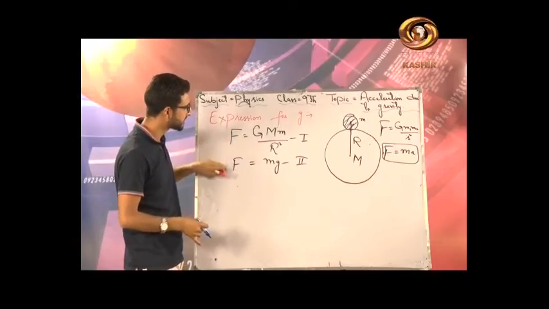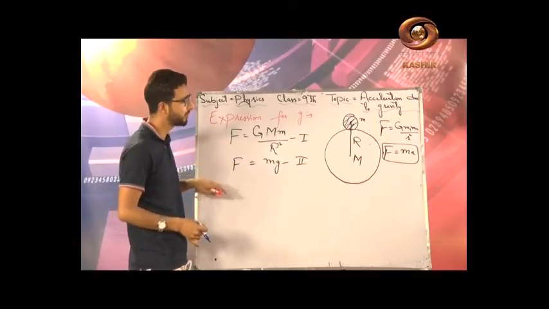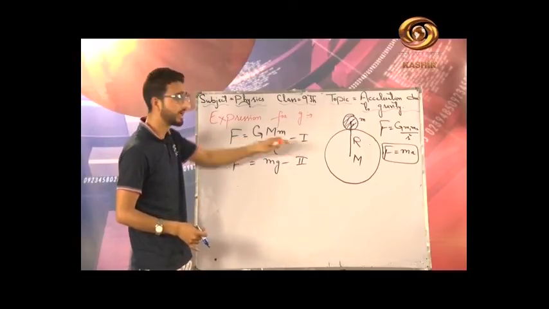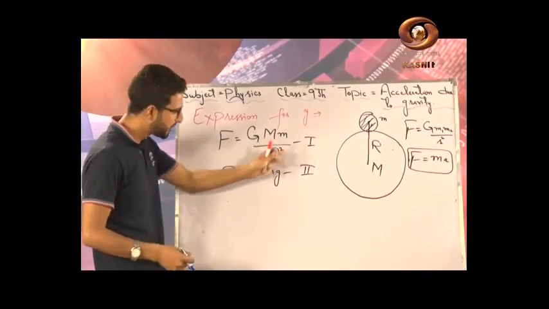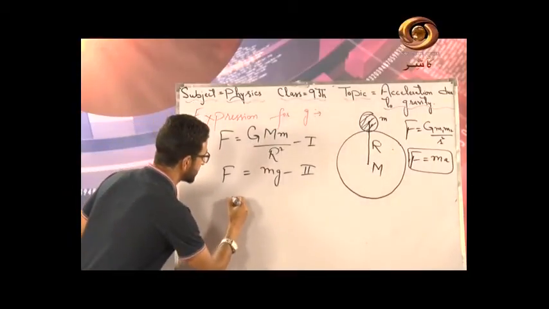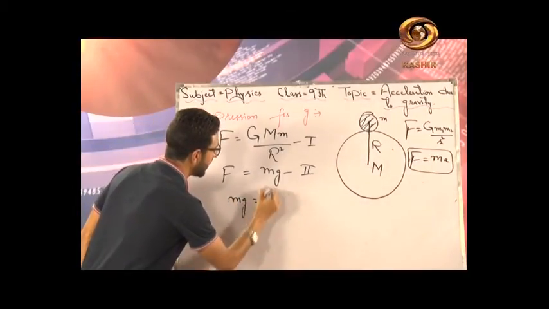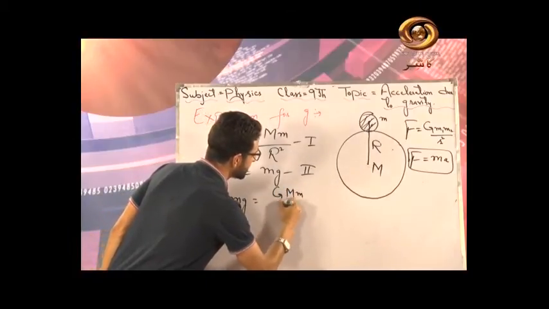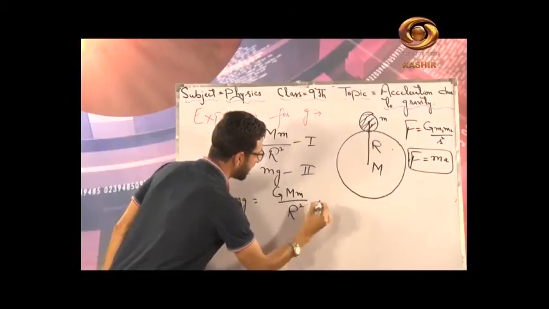On the LHS of these two equations, you can see the same force. I used here the universal law of gravitation, and here Newton's second law. Since F is same, from first and second I will get mg equal to G capital M small m divided by r square.